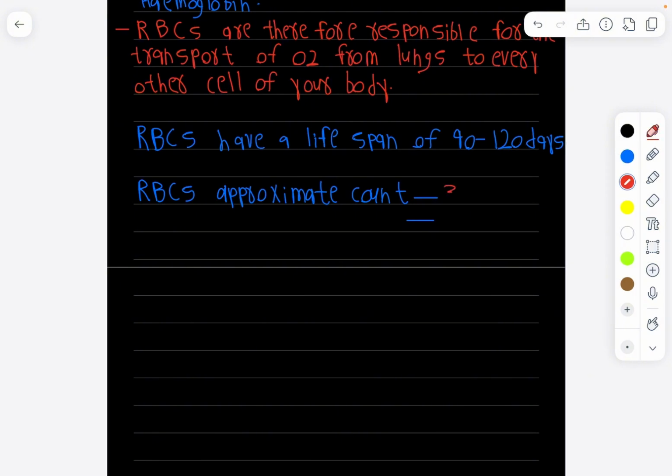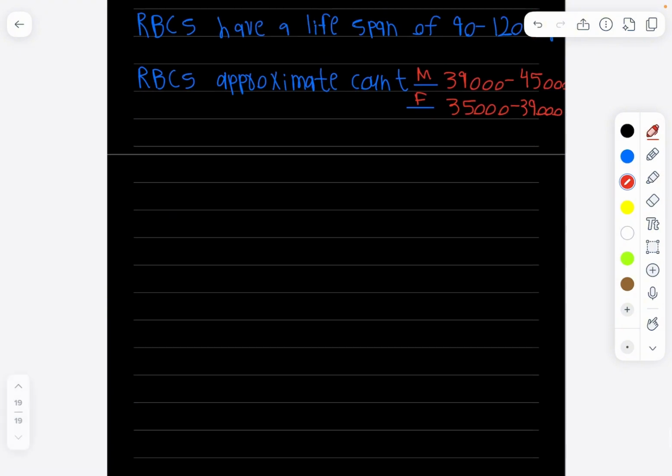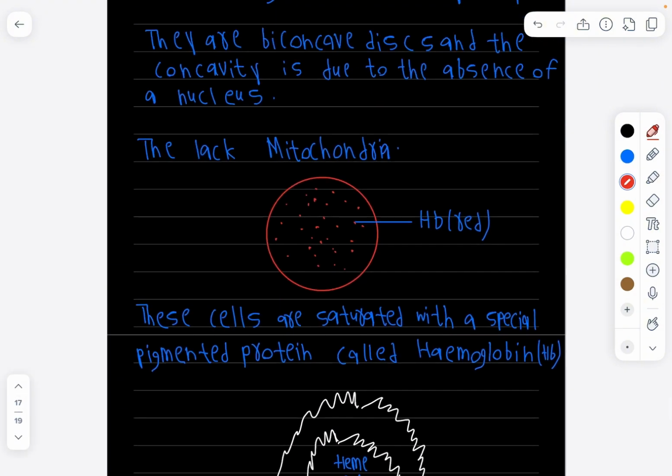For a male, it is 39,000 to 45,000. Right, this is the male. Now female, it varies from 35,000 to 39,000. Alright, here comes the end of the RBCs topic.